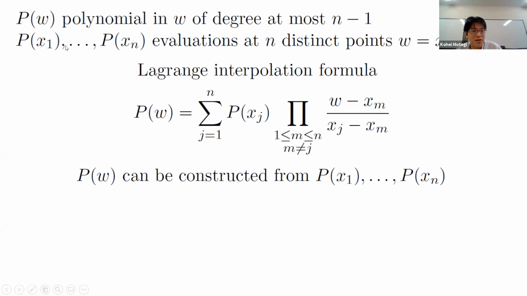So for example, if we know the exact values of Px1 to Pxn, then we can recover Pw from these evaluations at n distinct points by using this Lagrange interpolation formula.